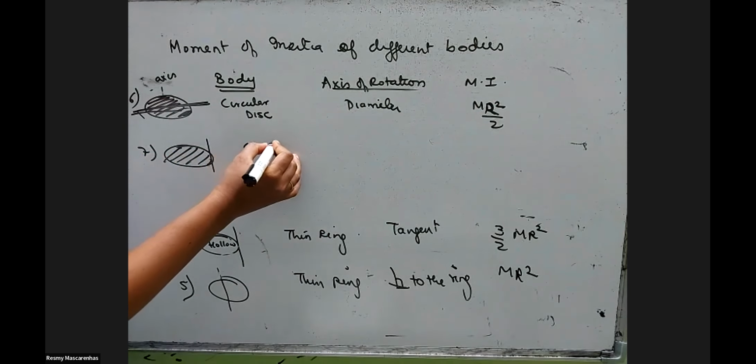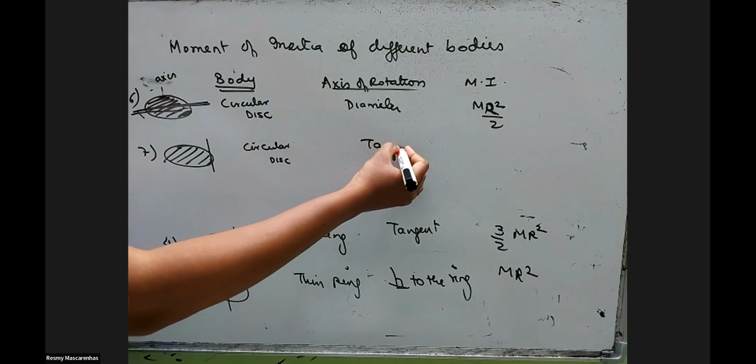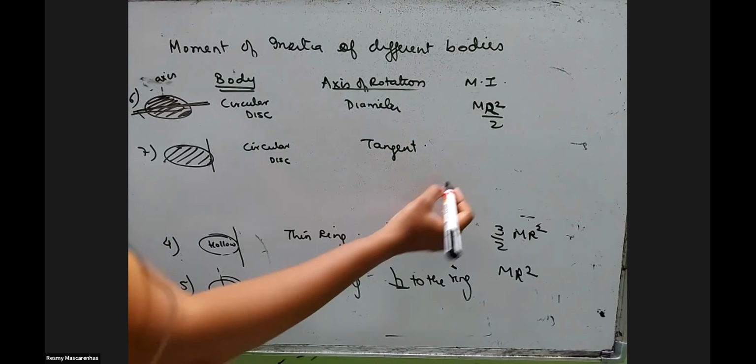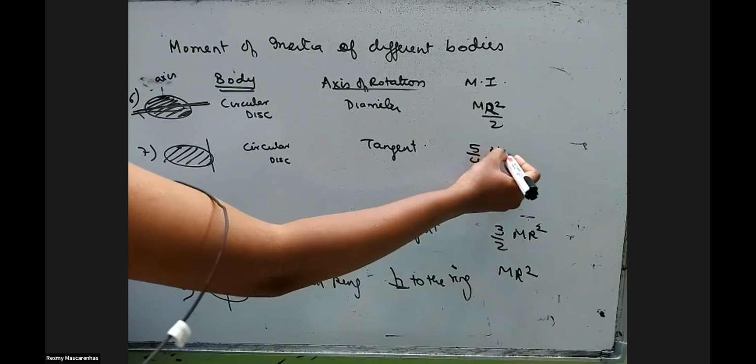Seventh one, circular disc, where the axis is the tangent. Five upon 4 MR square.